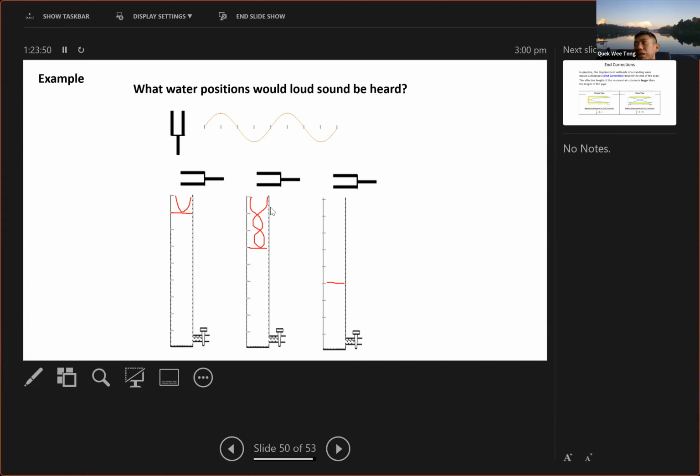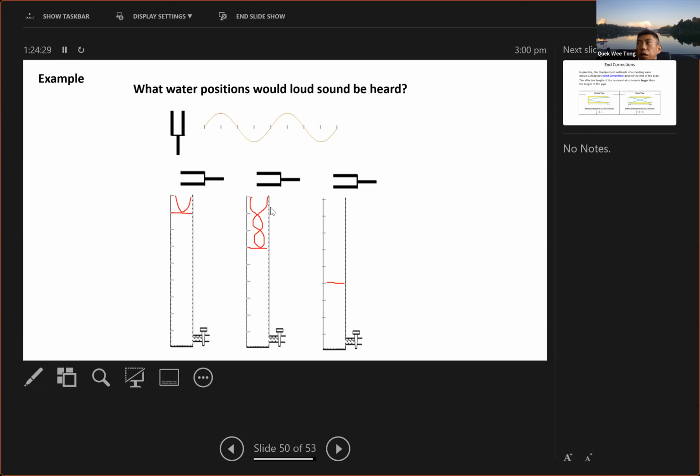It's because when the length of the air column is suitable for a standing wave to be formed, then a standing wave means the energy is trapped, because the energy doesn't move. But there's an external source, which is the tuning fork, and the vibrations from the air outside the pipe cause the air inside the pipe to vibrate.